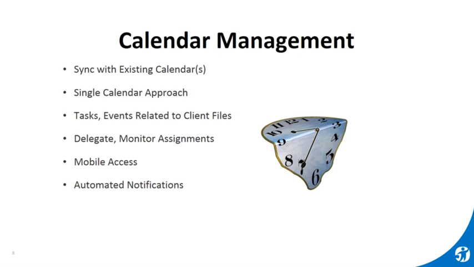The mobile access, as I said, is really important. Another thing you can do with calendars with respect to law practice management systems is that you can automate notifications. So that's an efficiency as well. That's a time saver. If you know that you've added a task on the calendar, or you've added an event on the calendar and the client needs to know about it, or a colleague needs to know about it, or someone on the other side needs to know about it, in certain cases you can automate those notifications so they go out automatically.